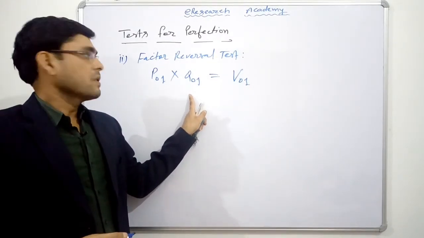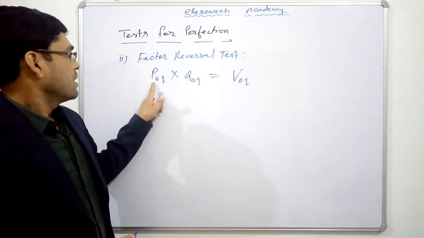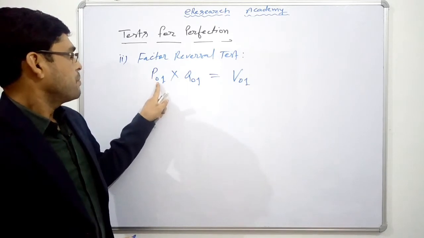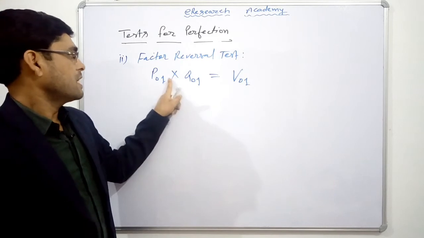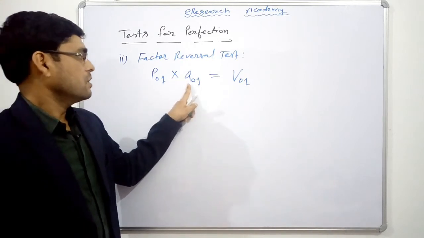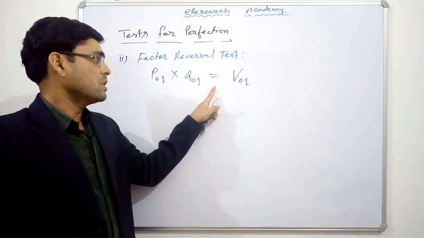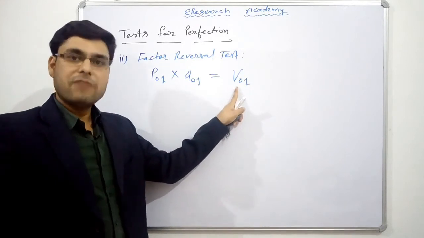It says that the change in price index multiplied by the change in quantity index is equal to the total change in value.